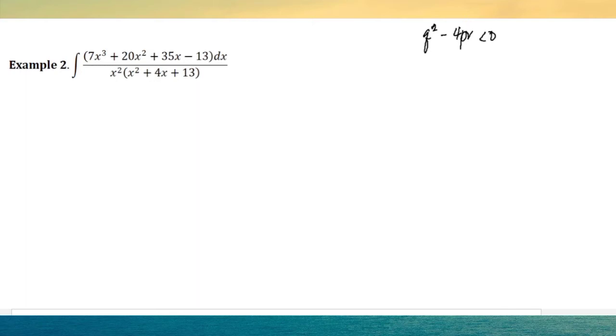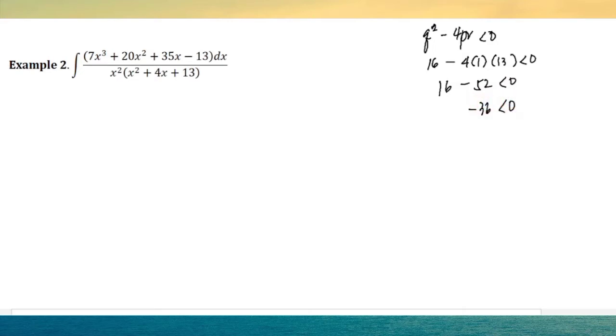Our q is 4, so this is 16 minus 4, p is 1, and r is 13. So we have 16, 4 times 13 is 52, so that would give us negative 36.